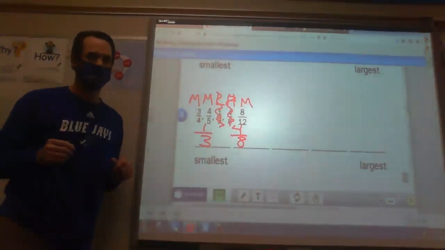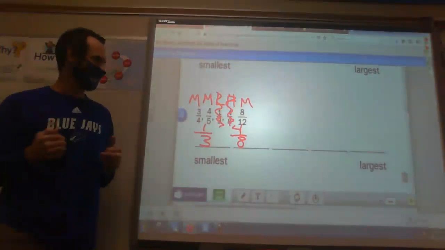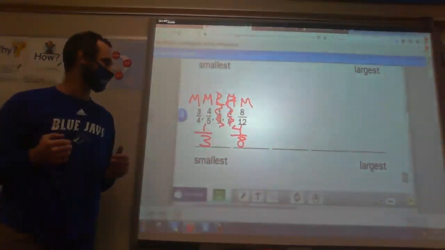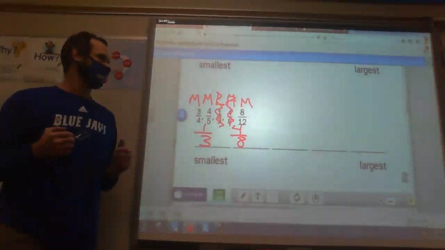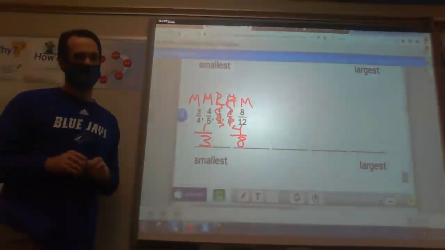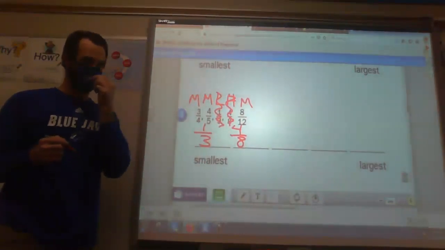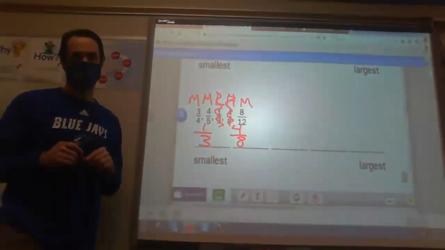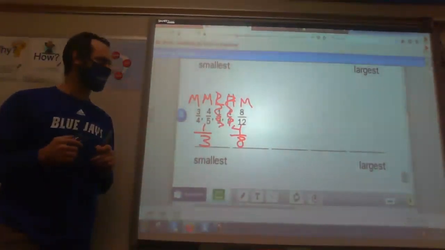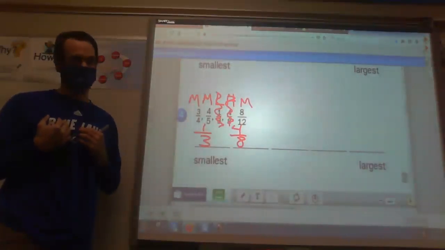This is where it gets a little bit challenging. One thing you could do is draw them. The other thing you could do is try and find a common denominator, which might be hard for all of them. So I'm going to give you a little suggestion here.